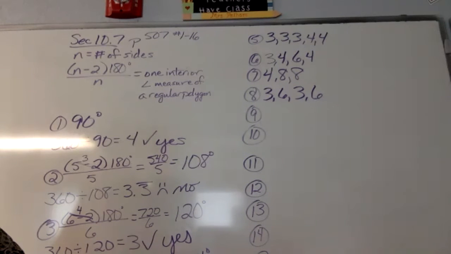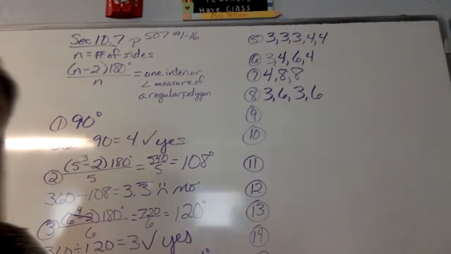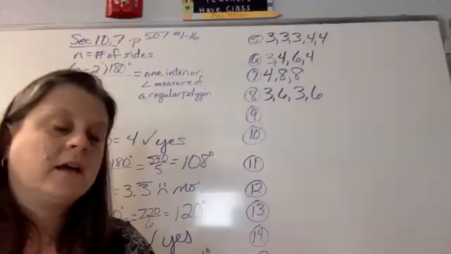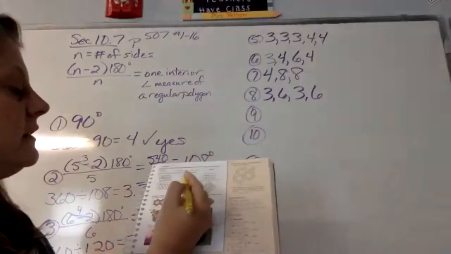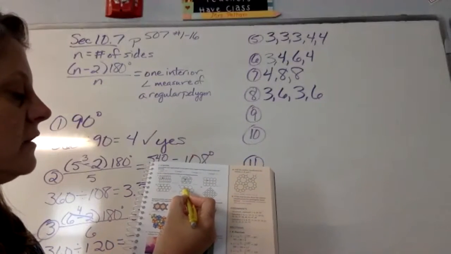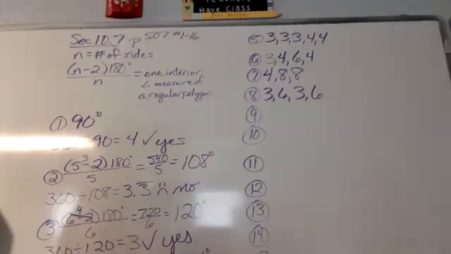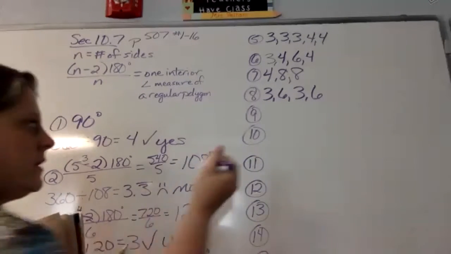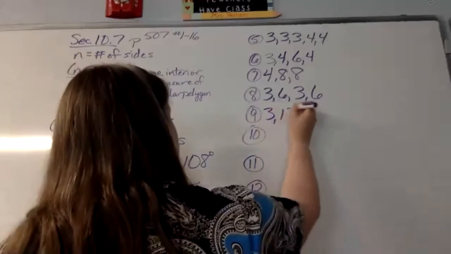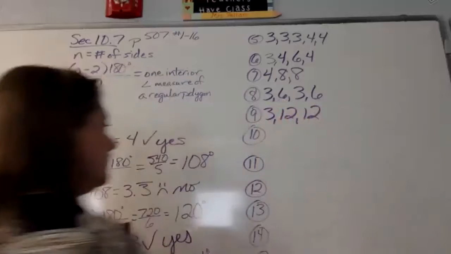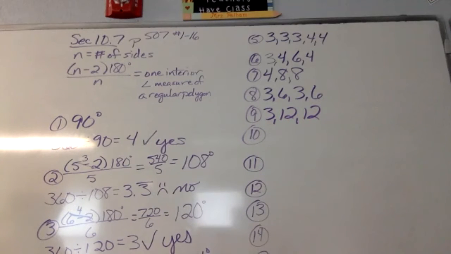He says 12. So 12, I said it earlier, is a dodecagon. So at the vertex, you have the triangle, and then it touches 2 dodecagons. So you have 3, 12, 12 is your numbering system for number 9.